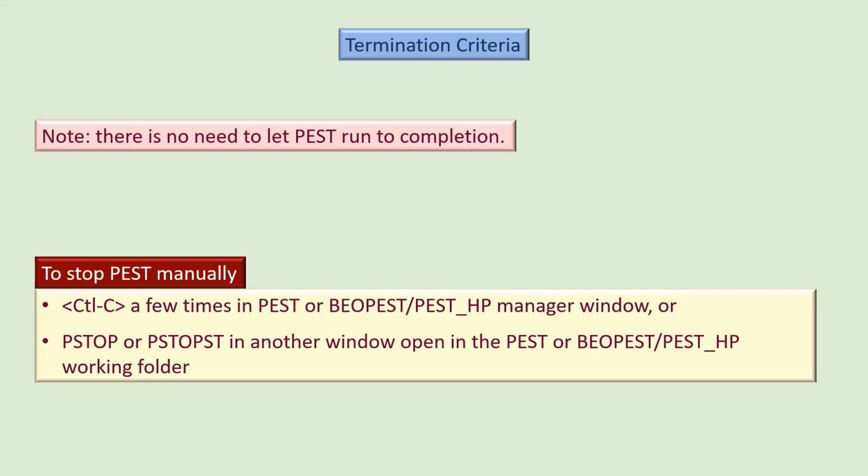Alternatively, you could open another command line window in the same folder in which PEST or the BeoPEST or PEST HP Manager is operating and type the commands pstop or pstop-st. PEST will stop when it sees a little file written by those programs which instruct it to cease execution.